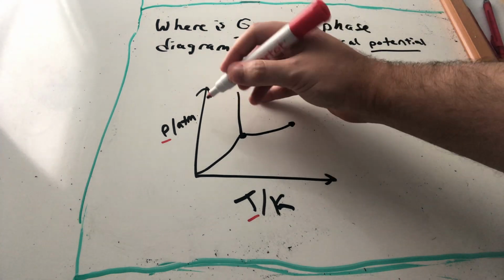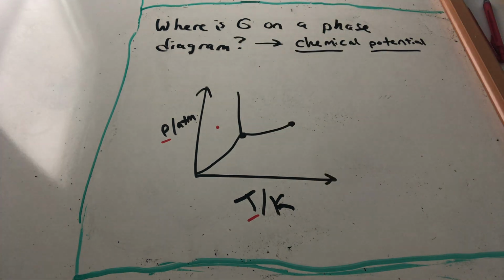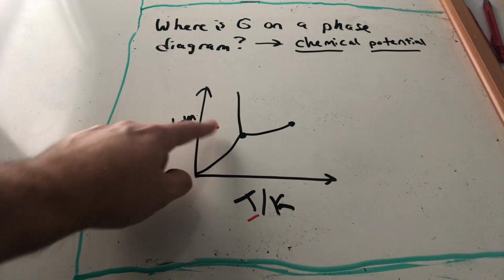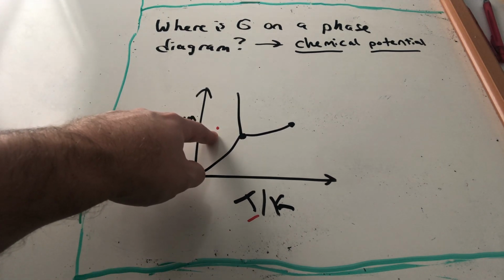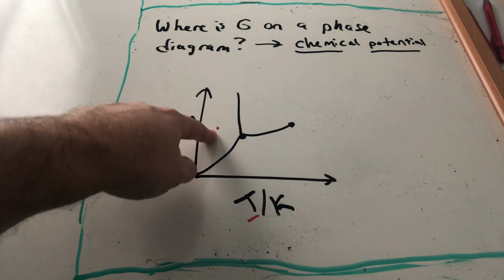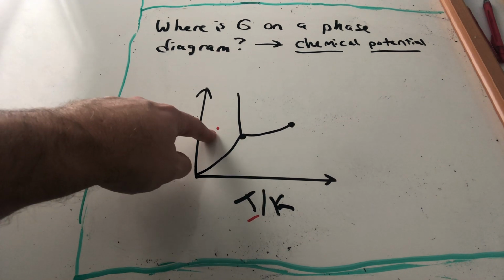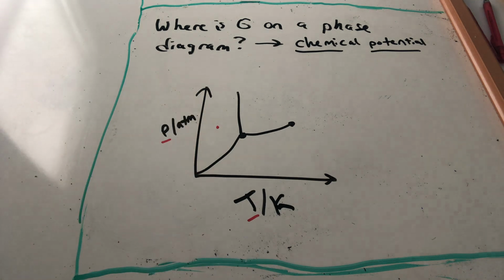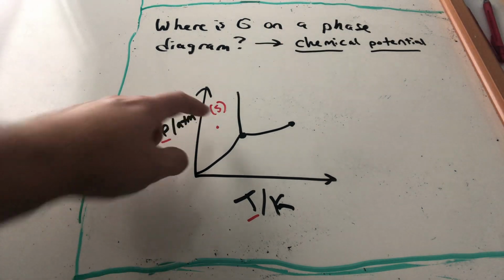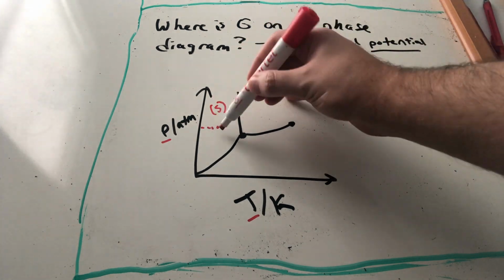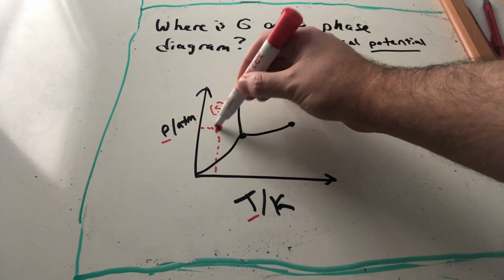So if I take a look at one spot on a phase diagram and I do an experiment at a constant pressure and at a certain temperature, there's a certain phase that shows up for that isobaric and isothermal experiment. Now we know from our last discussion that there's a solid phase that would result if I had that pure species in a closed system at this point.